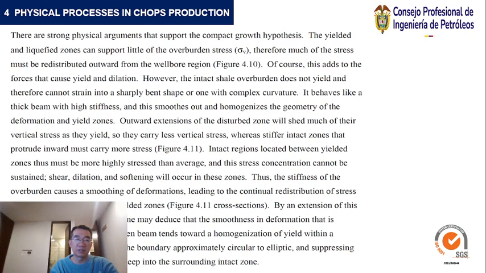By extension of this argument to 3D, one may deduce that smoothness in deformation that is enforced by the stiffer overburden beams tends towards yield with a compact growth zone, keeping the boundary nearly circular to elliptic, and suppressing fingering of the plastic flow zone deep into the surrounding intact zone.